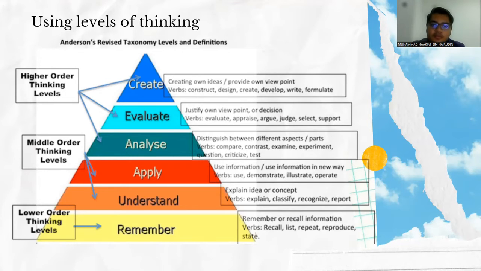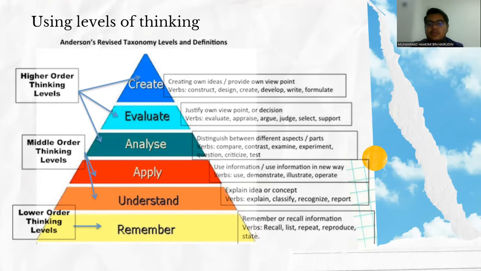And the fifth one is understand, which is of the middle order of the thinking skills, by explaining an idea or concept. For example, explain, classify, recognize, and report. And the last one is remember, which is the lower order of the thinking levels.